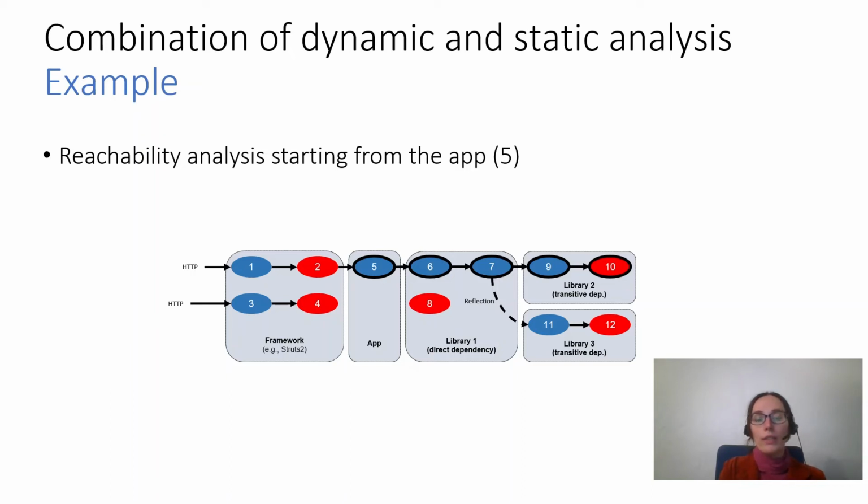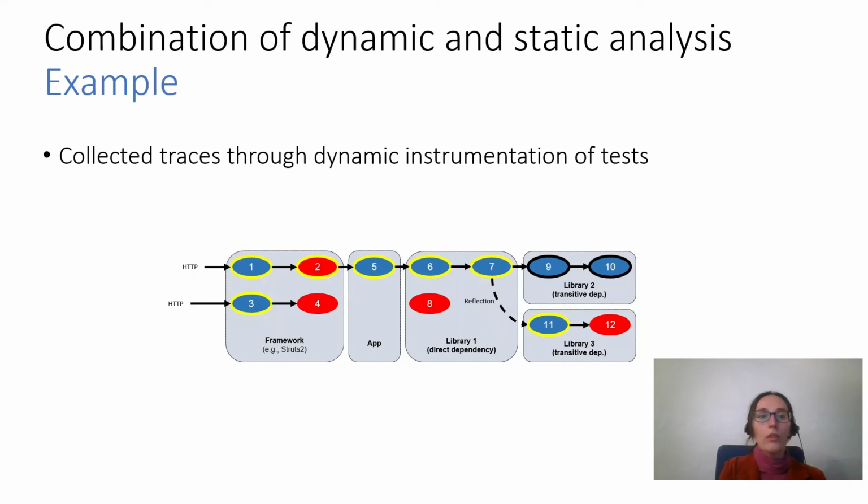If we use dynamic analysis, the nodes highlighted in yellow are traced. Let's assume that those are the ones traced. And so at this point, we can also conclude that the vulnerable code in node 2 is reachable, but we still have 2 false negatives, for example, because of insufficient test coverage.